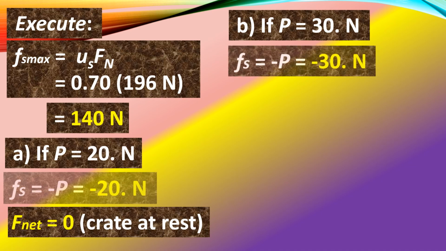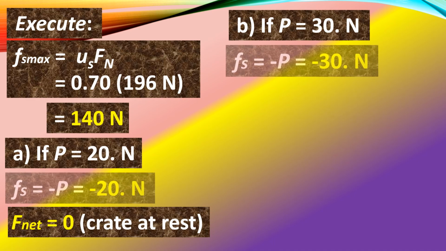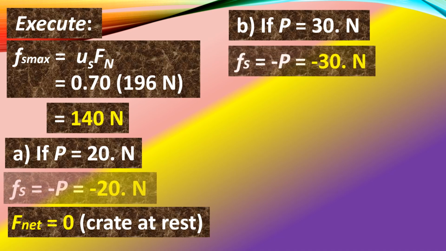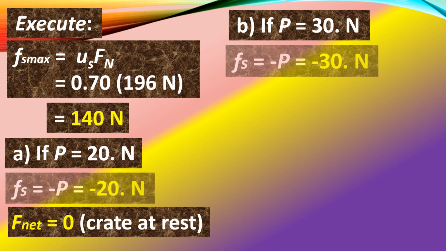The same explanation as mentioned in letter A. That is, the net force acting on the crate remains 0. The applied force of 30 newtons is just balanced by the static friction, and so the value of the static friction is just equal to 30 newtons but directed to the left, or opposite to the applied force.